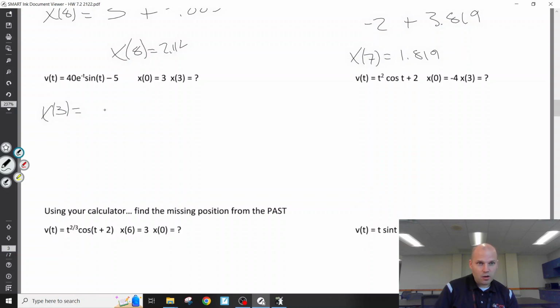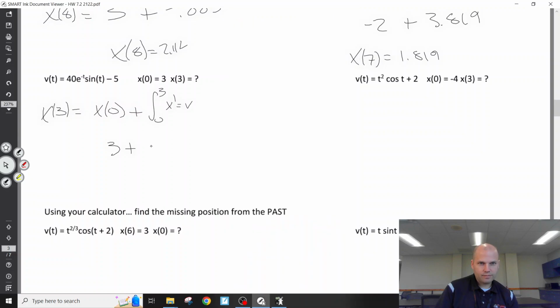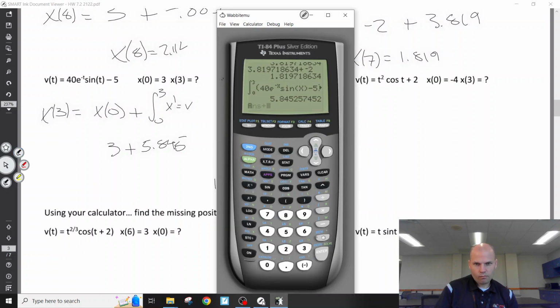I'll be able to find my unknown by having a known start and adding my change, my area under my derivative, total change. 3 plus 5.845, 8.845. That's where I ended up.